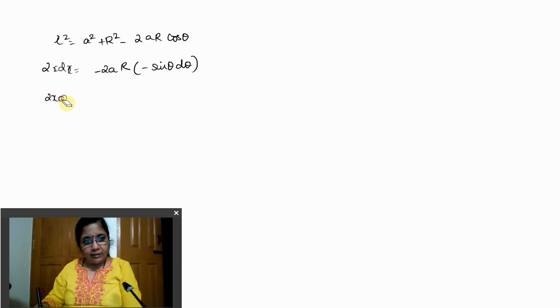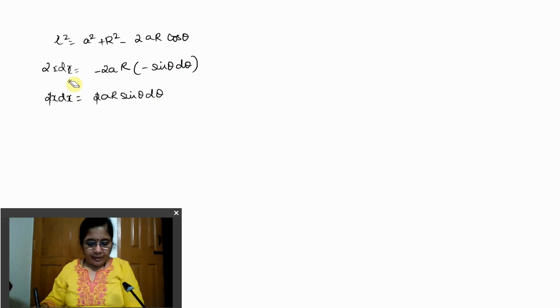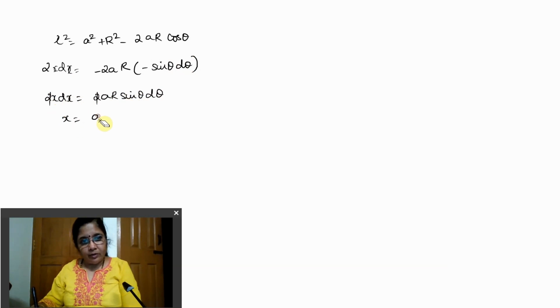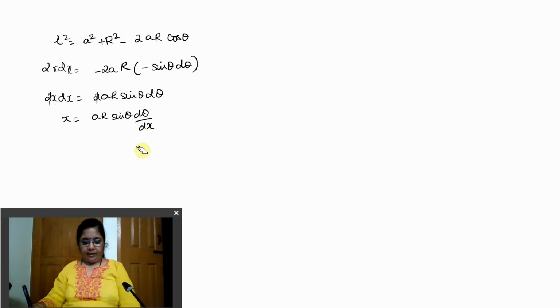So 2x dx is equal to 2aR sine theta d theta. My 2 and 2 will get cancelled. So what do you have here? x dx is equal to aR sine theta d theta, or x is equal to aR sine theta d theta divided by dx.